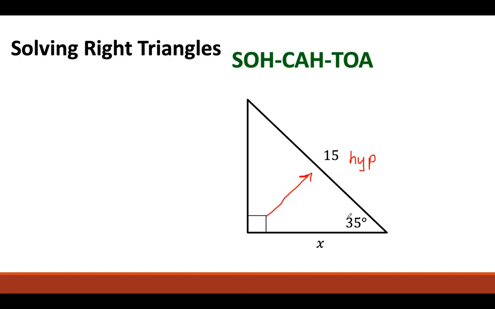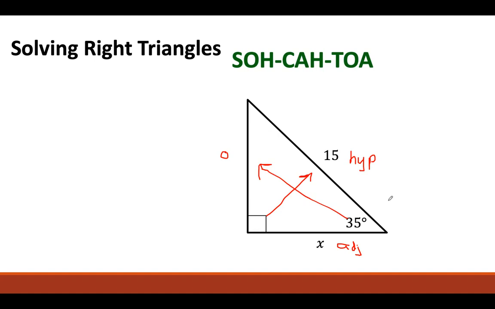The side opposite from 35 degrees would be over here, but we have nothing labeled there, so x must be the adjacent. So the two sides we have labeled are adjacent and hypotenuse.